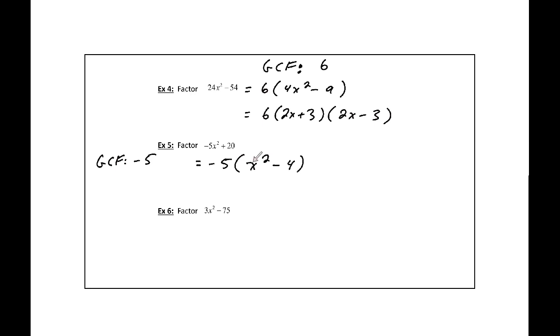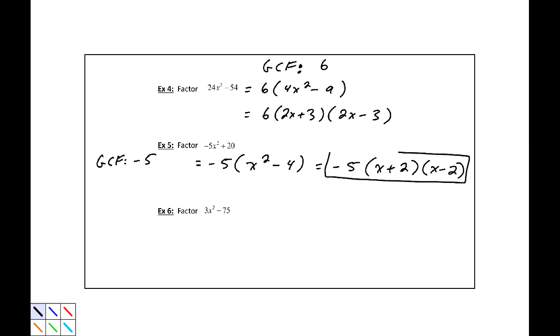Now, x squared and 4 are both perfect squares, so this can be factored as negative 5, that's our greatest common factor, and in our two sets of parentheses we'll have x plus 2 and x minus 2. Again, because 2 squared is 4, and x squared is x squared.